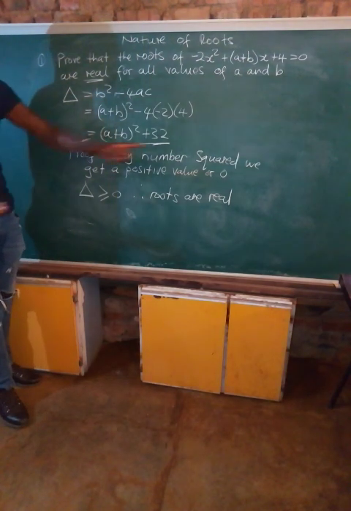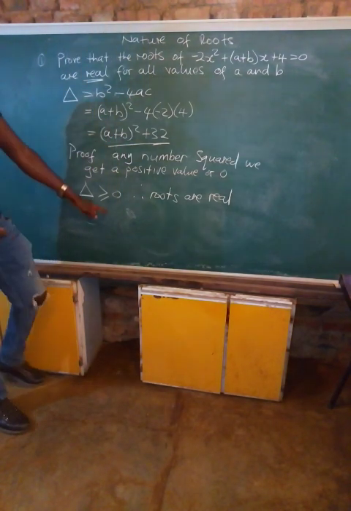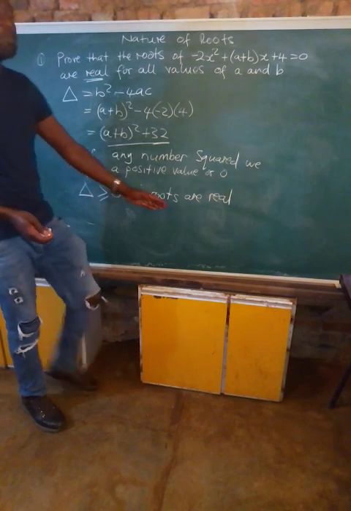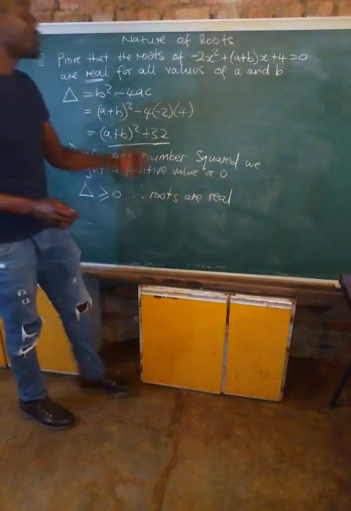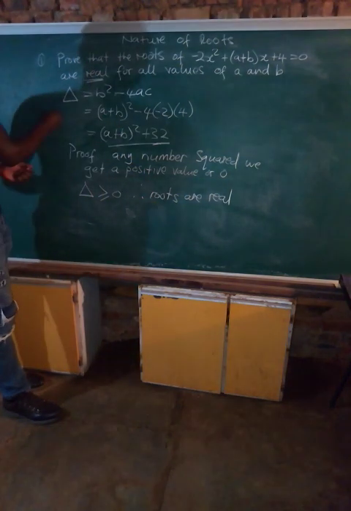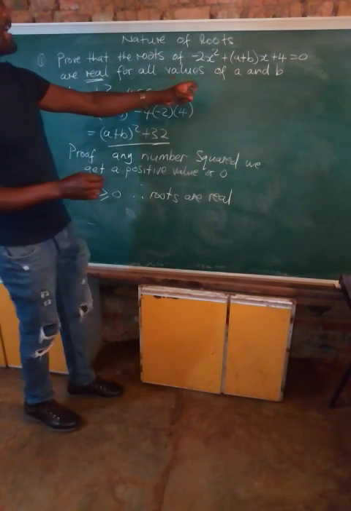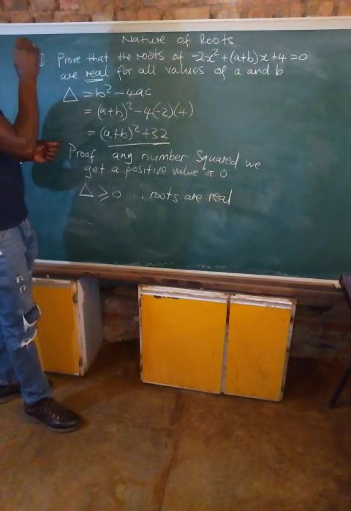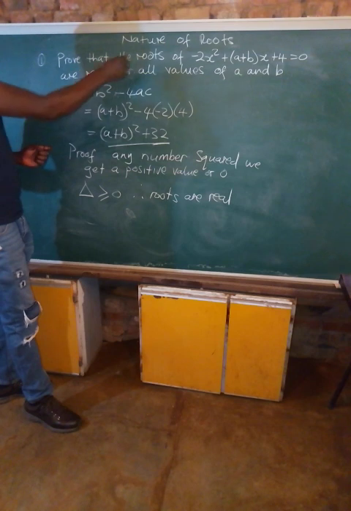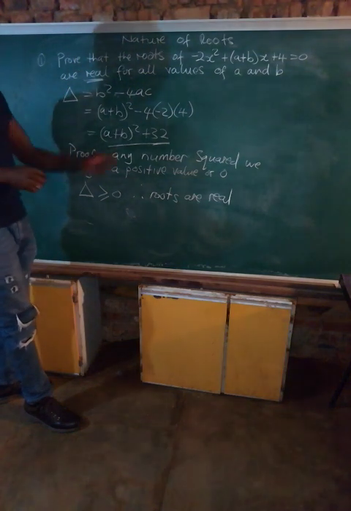Obviously, that number is going to be more than 0. It means our roots are real. So we have proved that for all the values of a and b, the roots of this equation are real.